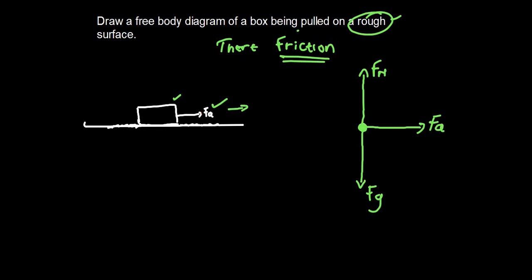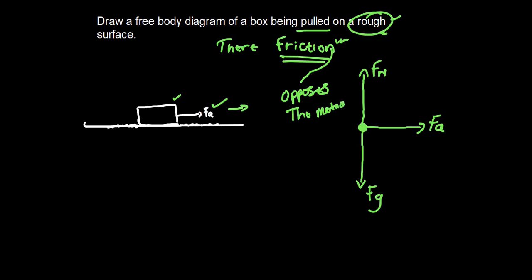Now this box is being pulled on a rough surface. And we said that whenever we see a rough surface, it means that there is a frictional force. A frictional force is a force that always opposes the motion.